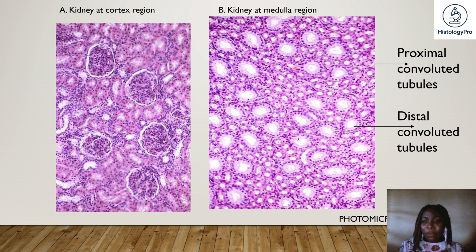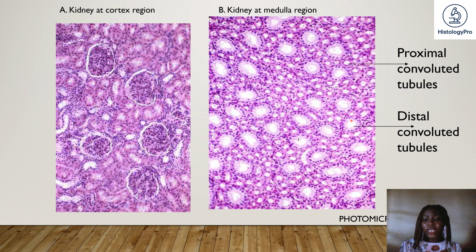Now, in the same histological image, we can see the distal convoluted tubule has been labeled. It can be identified by features that clearly distinguish it from the proximal tubules. The lumen of the distal convoluted tubules is wide, clear, and well defined, and often more open and circular than that of the proximal tubules of the kidney.